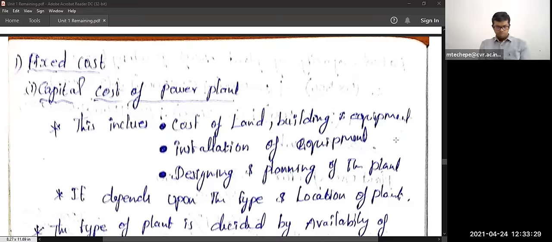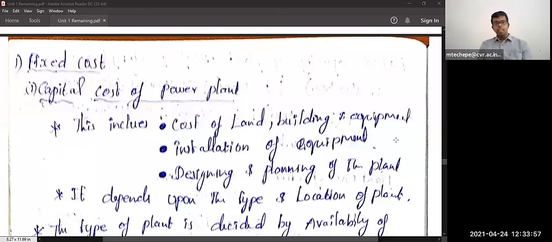Most of them are very old power plants, running for around 60, 70, 80, 90, even 100 years.